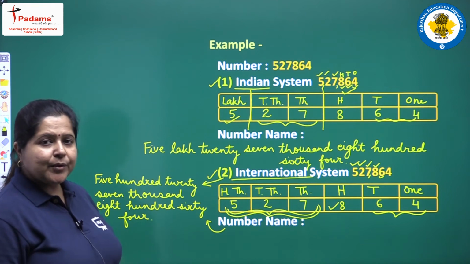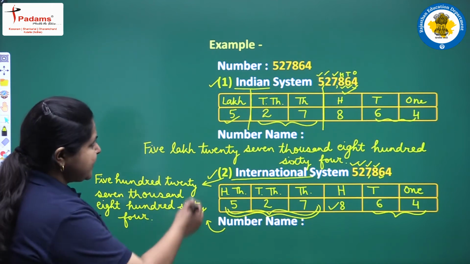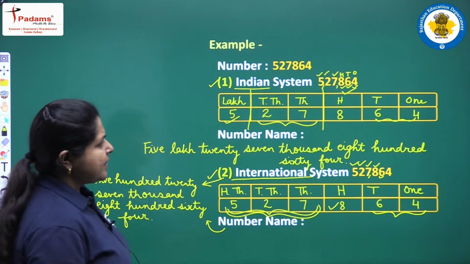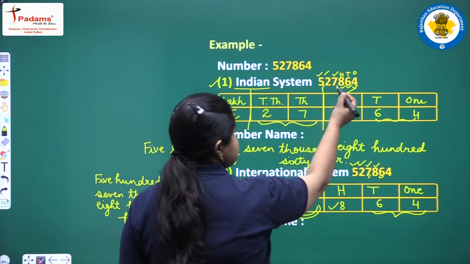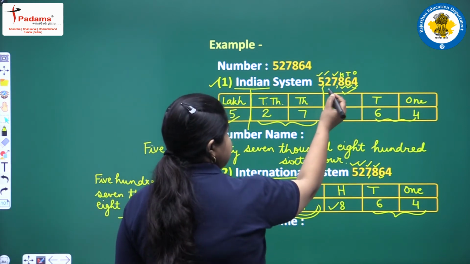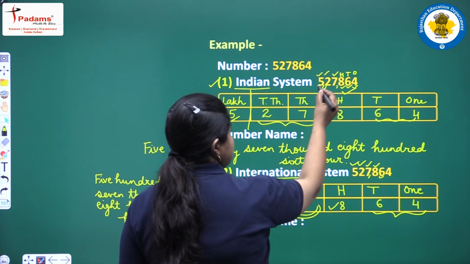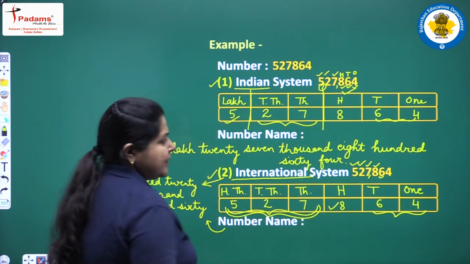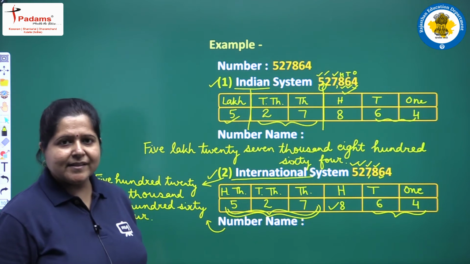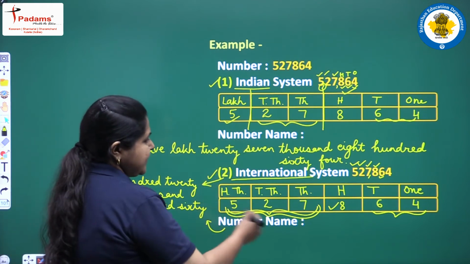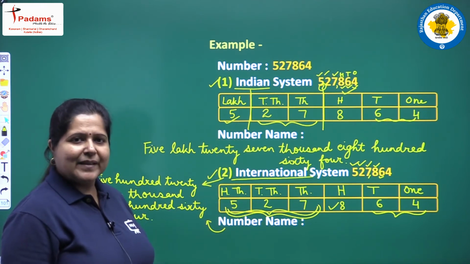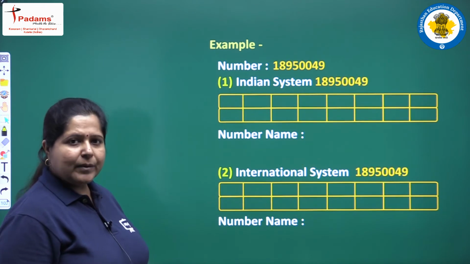Is it clear to you? Now you can easily see the difference between the two systems. The first is the difference in the commas. Here there was another comma, whereas it is not in the international system, and then accordingly the number name is also changing. We take one more example to be much more clear.